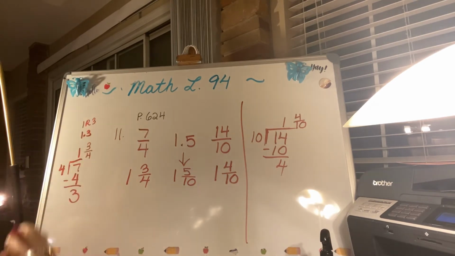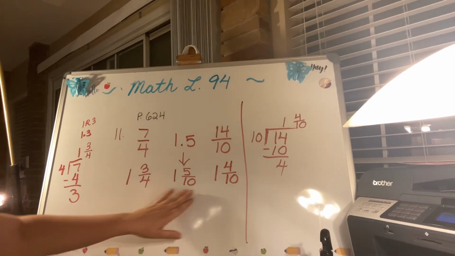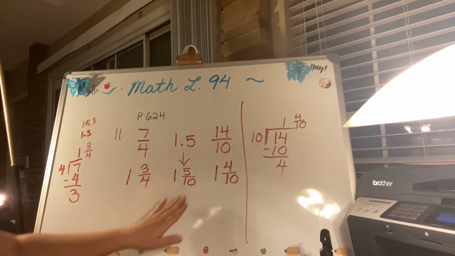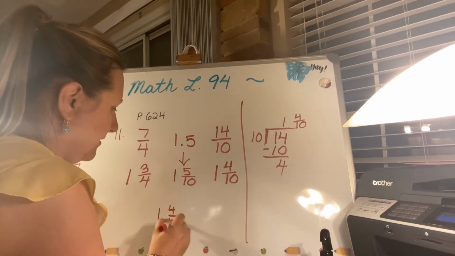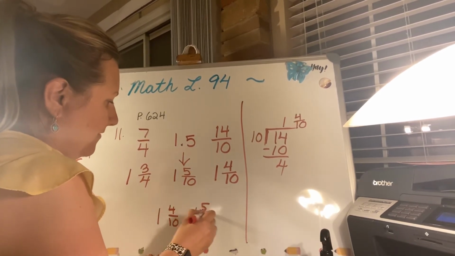So let's think about these numbers on a number line, and we want least to greatest. Already we can see that 4 out of 10 is less than 5 out of 10. So let me just write 1 4/10 and then 1 5/10.